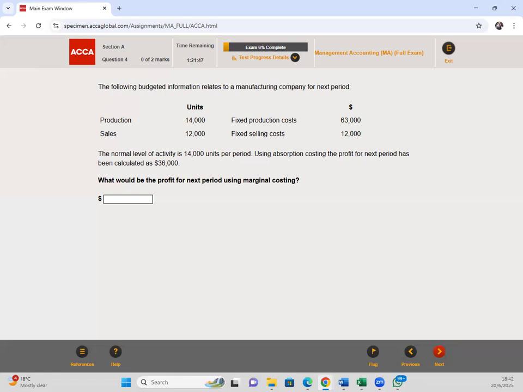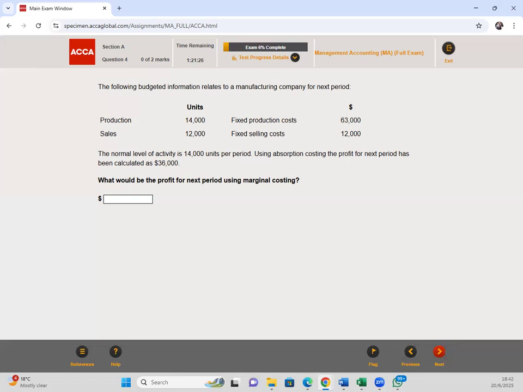To get to the marginal costing profit, we have to subtract, the same way we did in the format I gave you. If closing stock was falling, we would add.